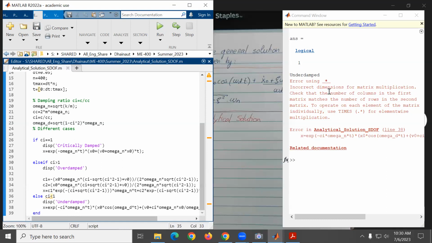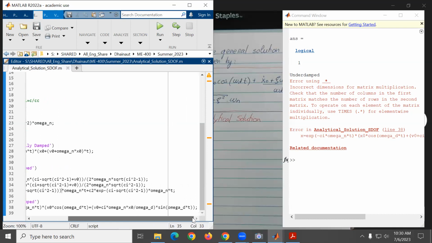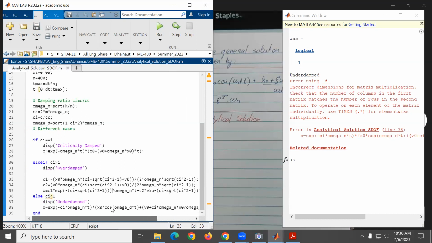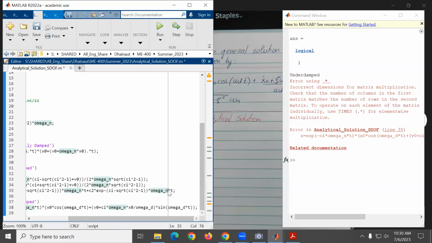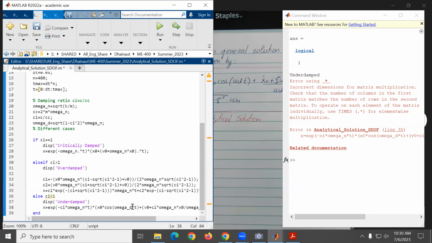Okay, and I guess this one, I know what this is going to be. Line 38. So what happened here is that for the t, since this is a vector, it wants to do the scalar multiplication. So you're going to have to put a dot in front of every single t. That's my guess. Did I miss one? Dot, dot. This one is done.